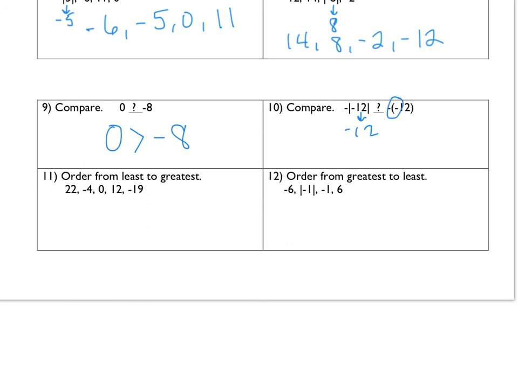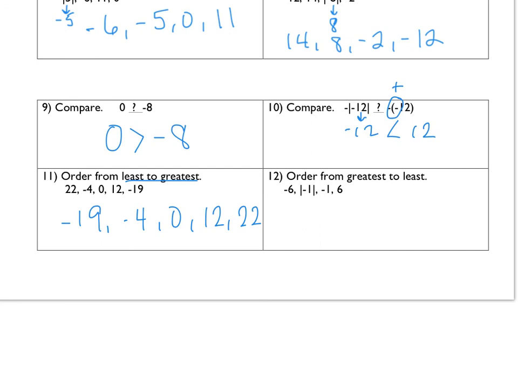When you have a negative and it's not an absolute value, then that's a positive. So we have negative 12 compared to positive 12. So negative 12 is less than positive 12. Number 11, we're ordering from least to greatest. Negative 19, negative 4, 0, 12, and 22.